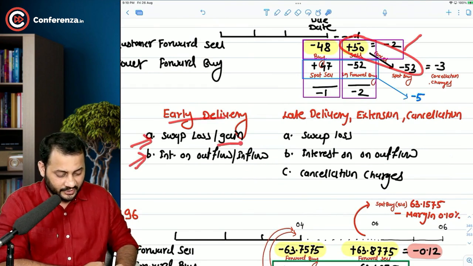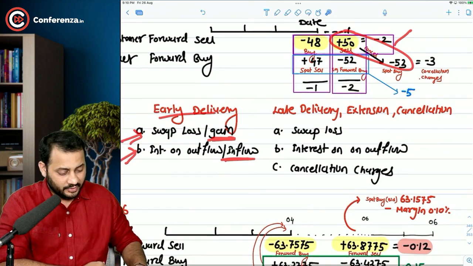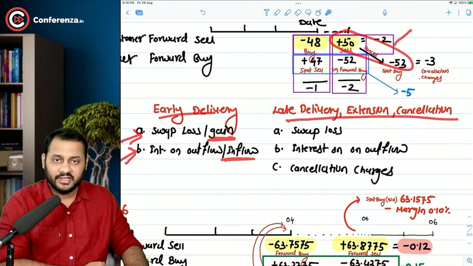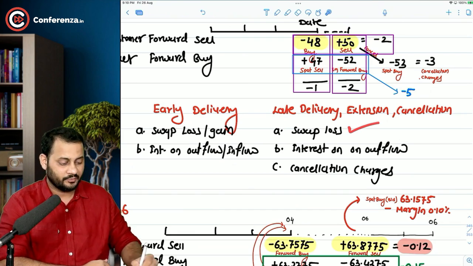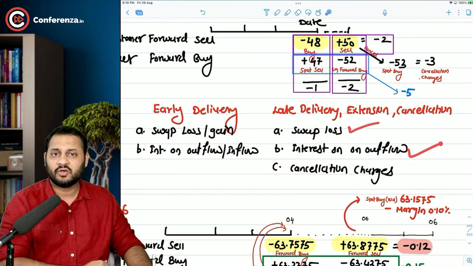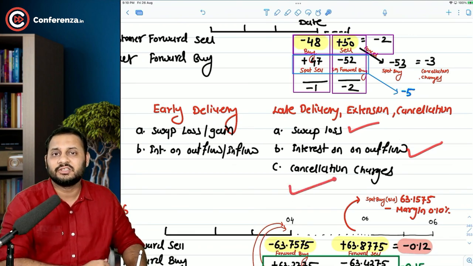And we used to share swap gain and interest on inflow. But in case of late delivery extension and cancellation, we will recover the swap loss, not share the swap gain. We will recover the interest on outflow, will not pay interest on inflow, and we will recover the cancellation charges.